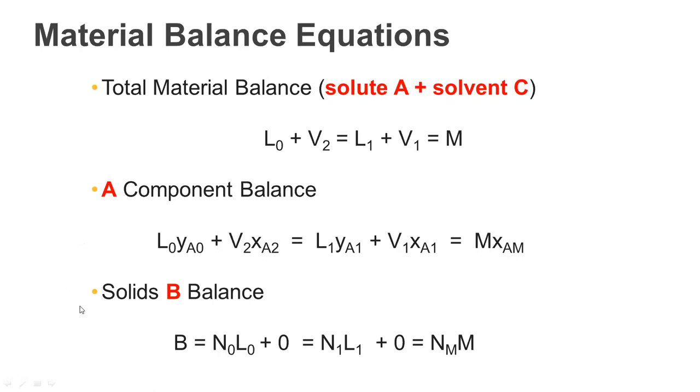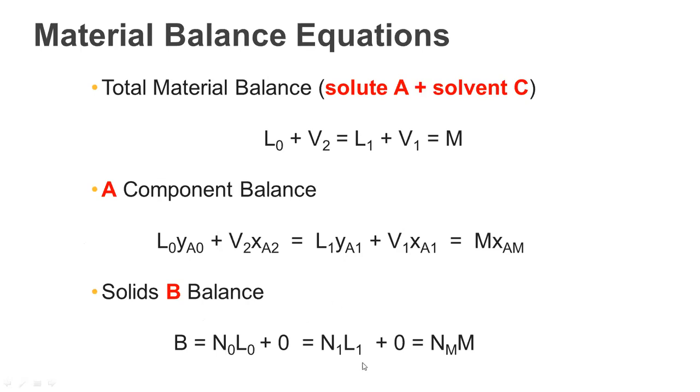Now, we have another balancing equation for leaching, and that's the B balance. Whatever inert solid is present in the feed, so you have N sub 0 L sub 0, is the inert solid present in the feed. That should be the same inert solid present in your underflow, or in your slurry of solid and liquid solution.